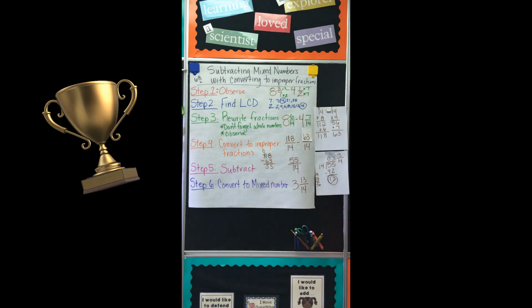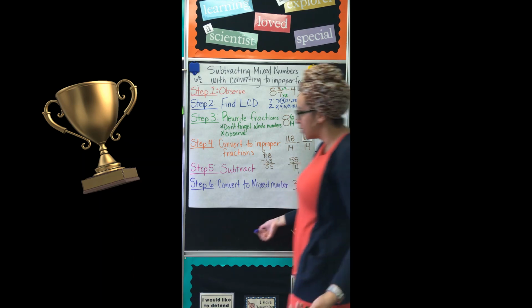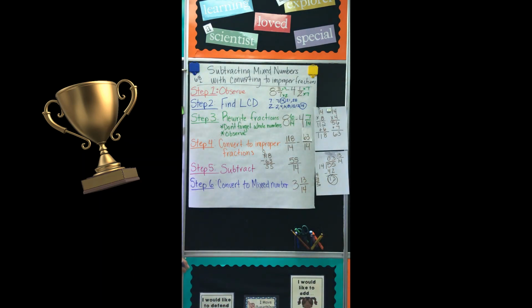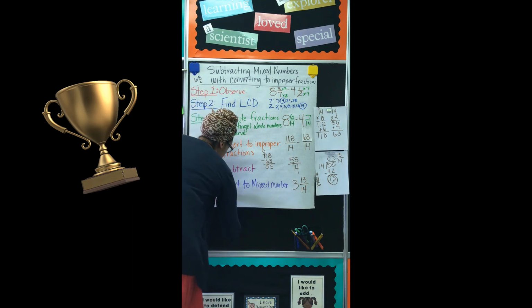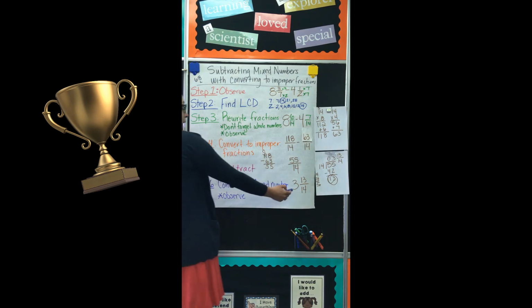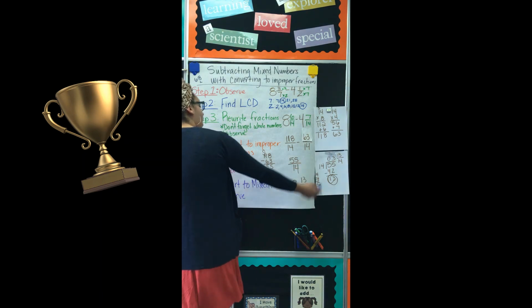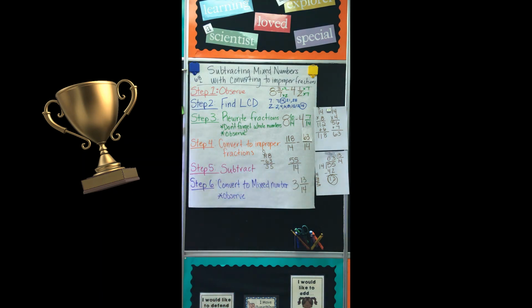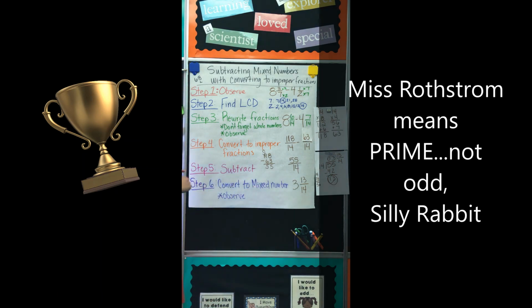Our final step, whenever we are doing a problem with fractions, or all of the time, we stop and we observe and we think about what we see here. We observe, because we converted it, but we might have to simplify it. So we look at this problem and we think about what we observe. Hopefully we're recognizing that 13 is an odd number.